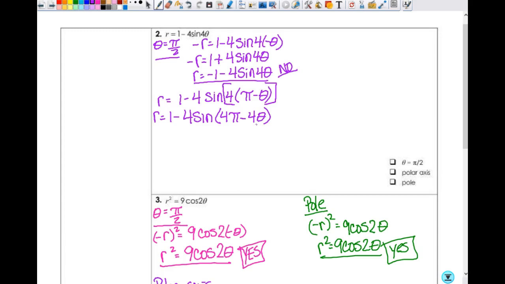You good? All right, so go ahead and substitute in off of your chart for that. So r equals 1 minus 4 times, and then fill that in.